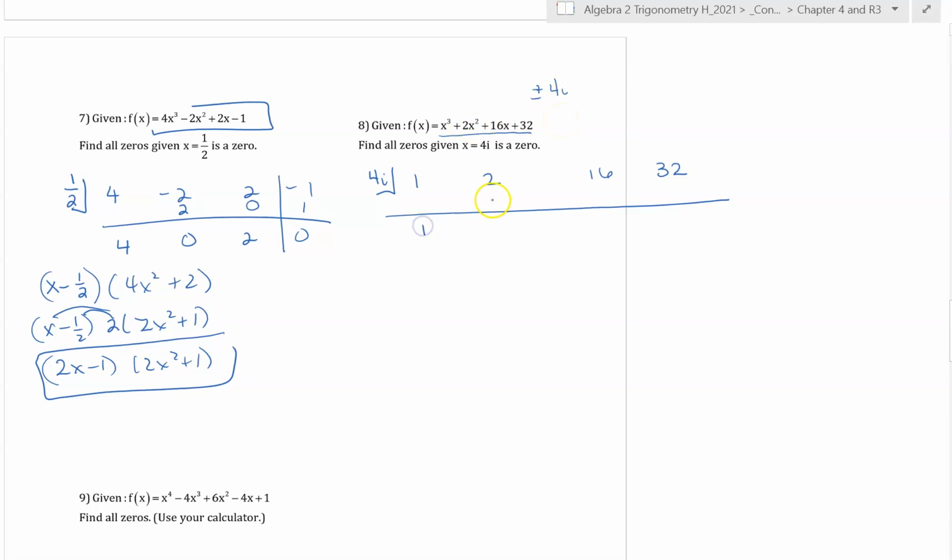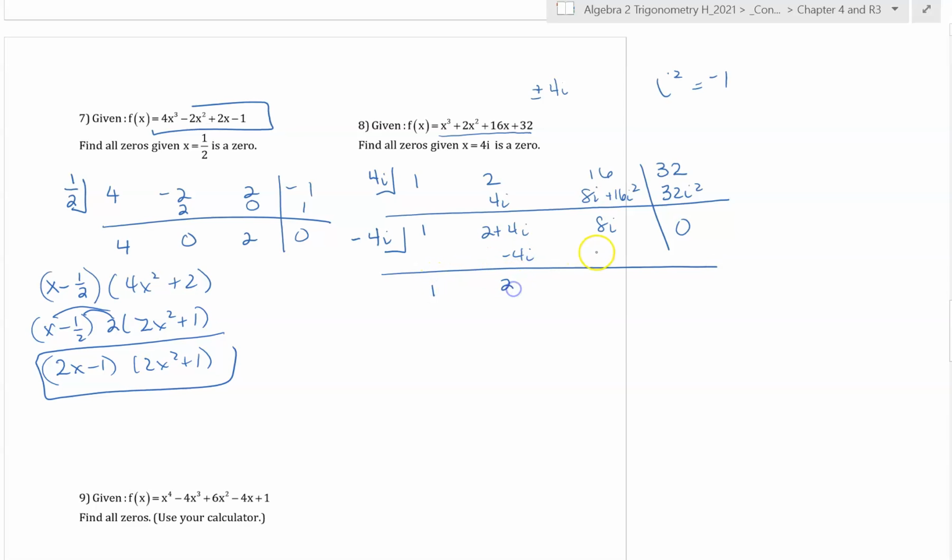So first, go ahead and use synthetic division with 4i, which is not going to be a lot of fun. So we have 8i, and then 4 times 4 is 16, so plus 16i squared. Don't forget, i squared is negative 1, so the 16s cancel out. Then 4 times 8 is 32, and that's i squared. Remember, i squared is equal to negative 1, so this is 0. So now, I know that looks ugly, but now we're going to go ahead and use synthetic division with its conjugate, negative 4i.